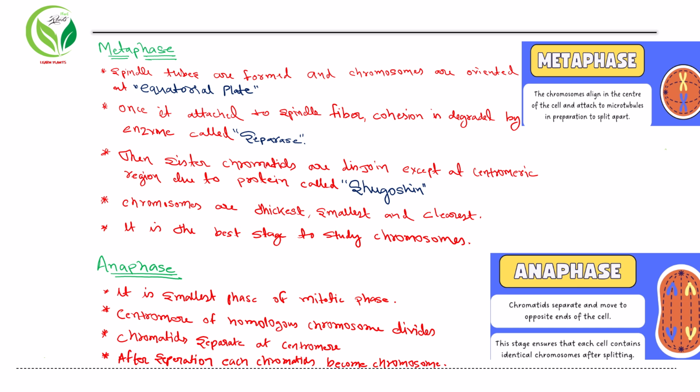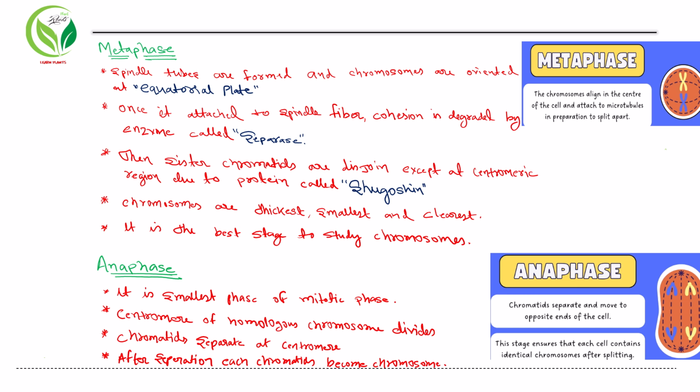And the next is metaphase. So in metaphase, what we can see: spindle tubes are formed and chromosomes are oriented at the equatorial plane.